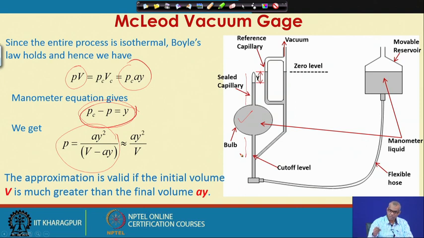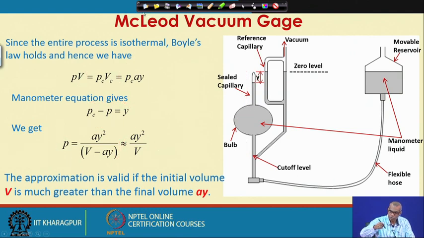And Ay represents the volume only for this much. So, V is much greater than Ay, and this can also be approximated as Ay square divided by V. The approximation is valid if the initial volume V is much greater than the final volume Ay, which is usually true.